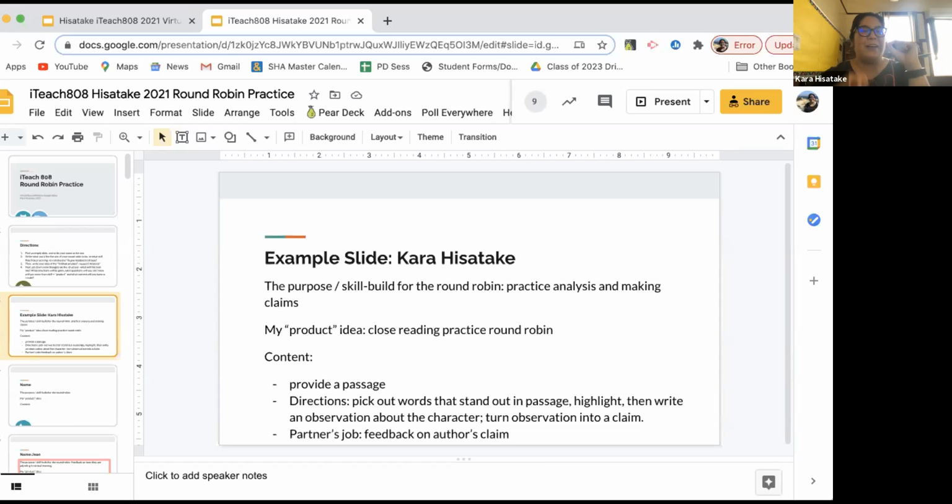And then thinking about what other people in the round robin would do, like feedback on the author's claim somehow. That's what I'm thinking about so far for this potential round robin.